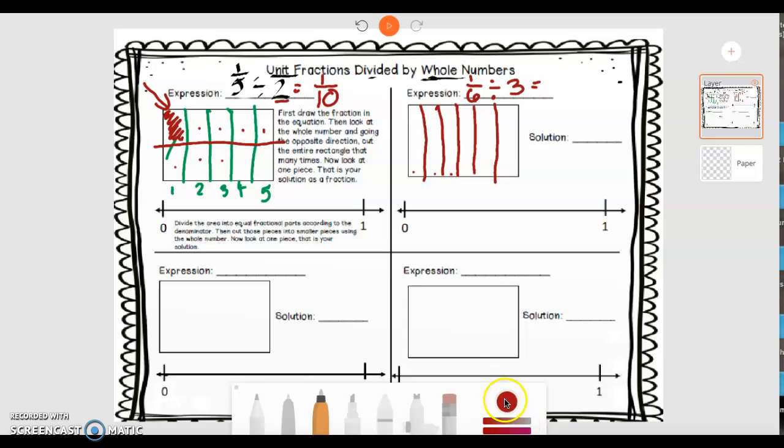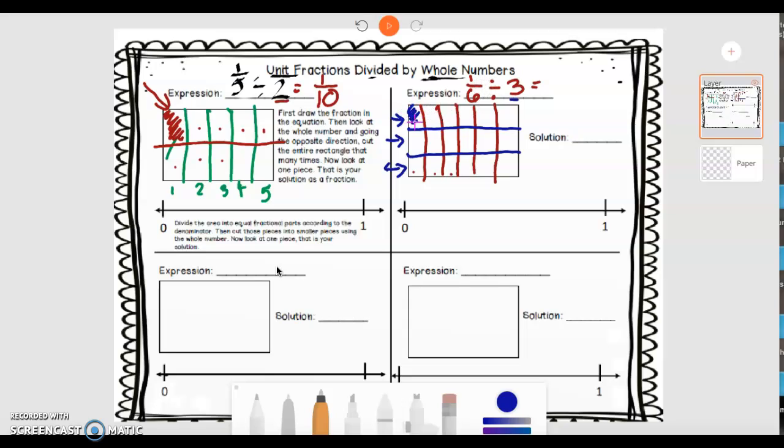Now I'm going to change my color again, and I am going to divide that into 3 equal parts. 1 part, 2 parts, and 3 parts. See, I have 1, 2, 3 equal parts. That's my whole number. Then my next step is to figure out what my answer is.